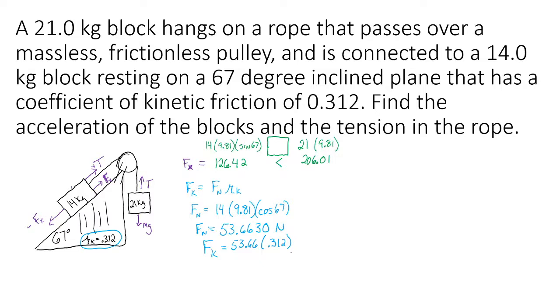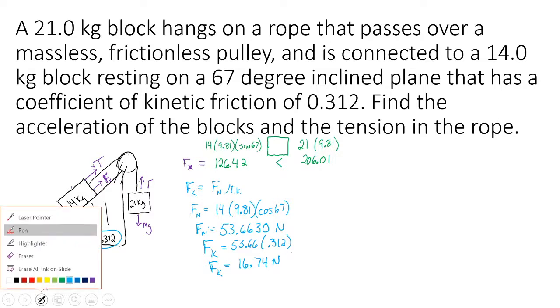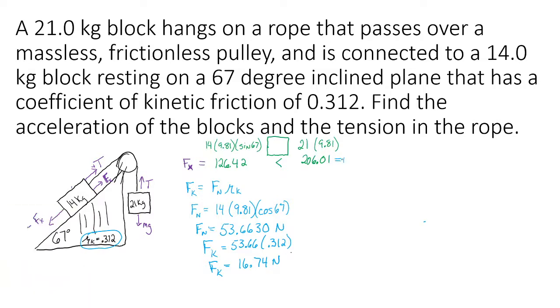So you plug that into our handy dandy calculator, and we get force kinetic equals 16.74 newtons. So now I have force kinetic, I have force of X, I know tension, I know mass times gravity from the other side there, so I can begin setting up a system of equations.